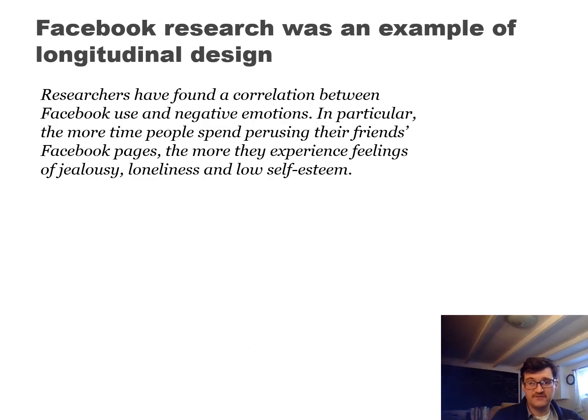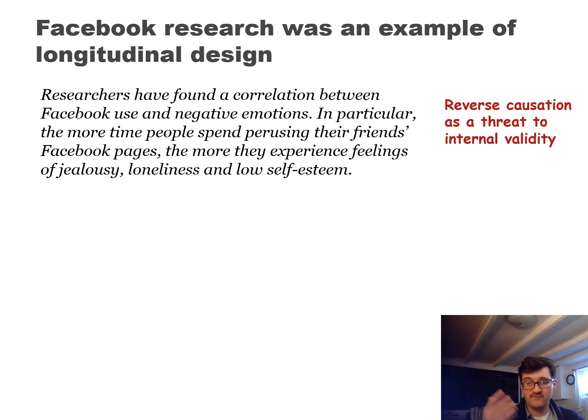So the Facebook research that we talked about, wow, several weeks ago now, was an example of longitudinal design. Remember, researchers have found a correlation between Facebook use and negative emotions. In particular, the more time people spend perusing their friends' Facebook pages, the more they experience feelings of jealousy, loneliness, and low self-esteem. Reverse causation was a threat in the first study discussed there, right?